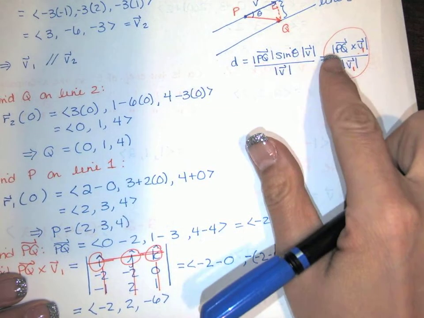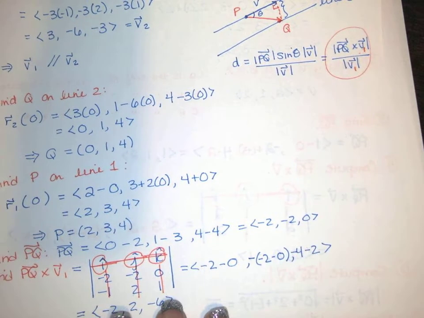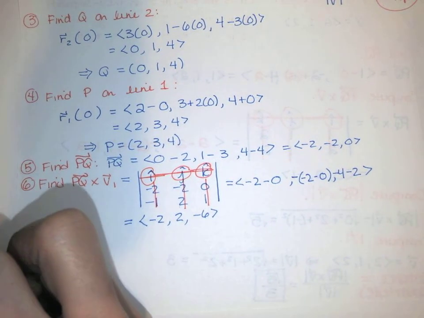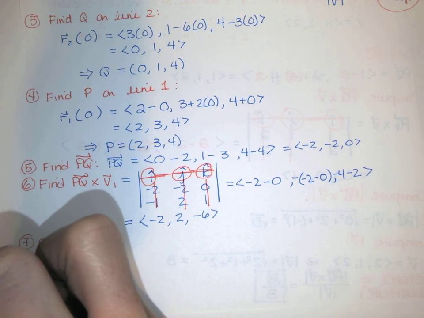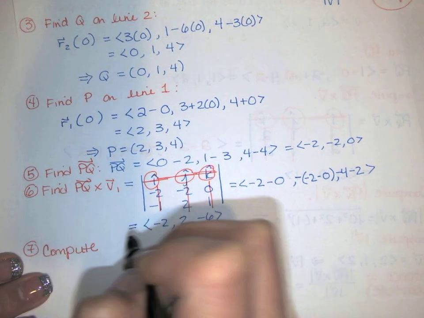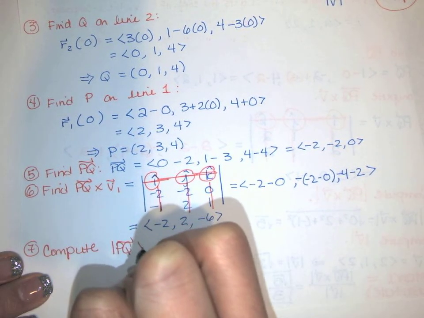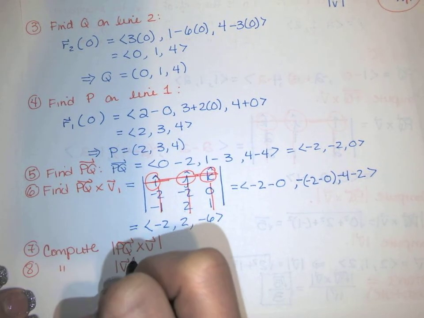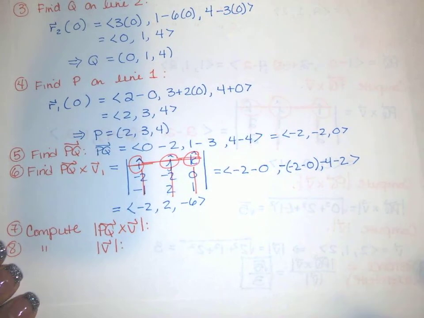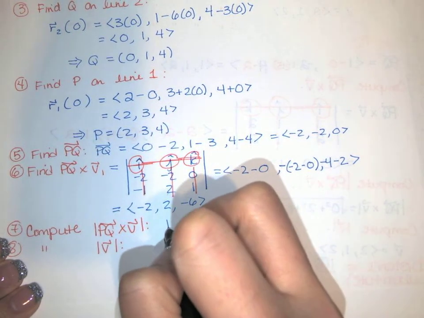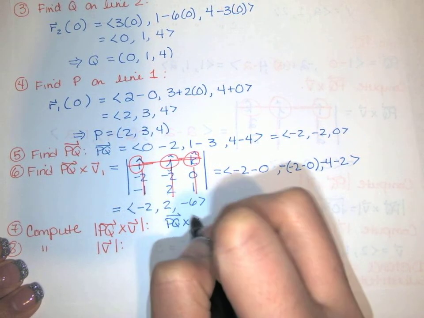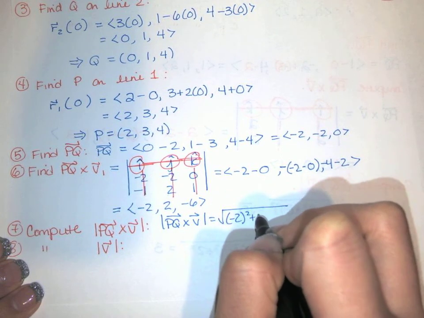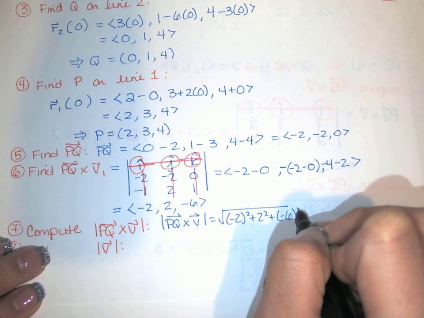Okay, what do I need to do next? I need to find the length of that vector, and I need to divide by the length of V1. So we're just going to find a couple of lengths. Take the components, square them, add them, and take the square root.